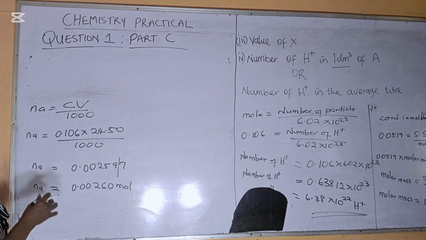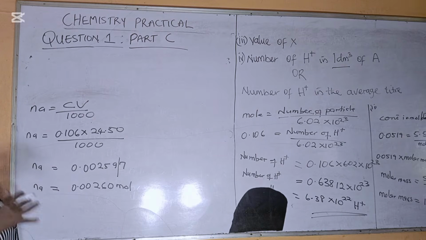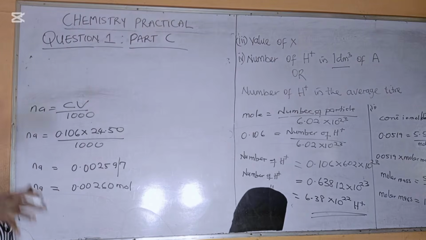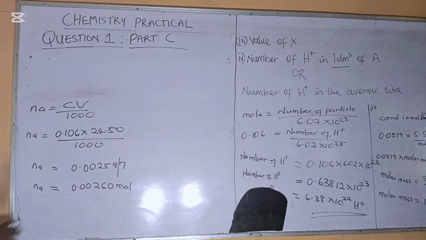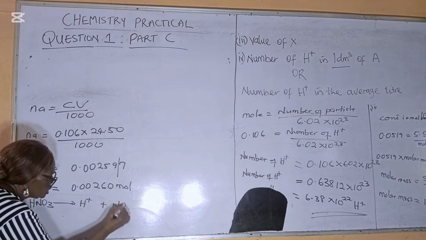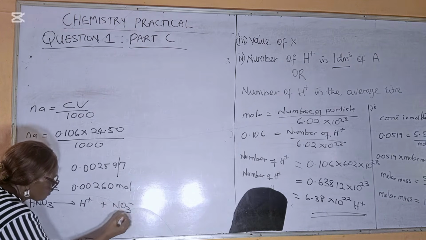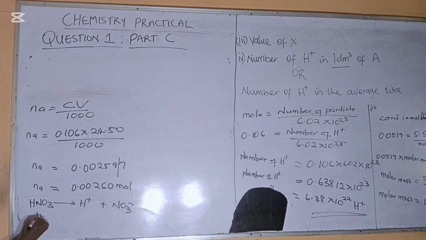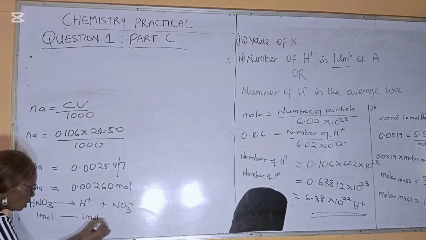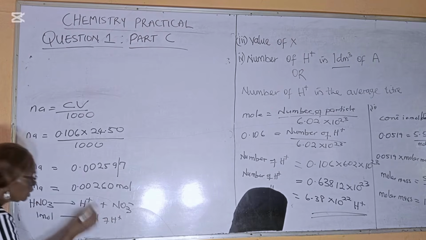So we're going to use it now to find the amount in mole of hydrogen ion in that A in the average titer. So we are going to ionize as usual. HNO3 will give us hydrogen ion and nitrate ion. 1 mole of this produces 1 mole of the hydrogen ion.